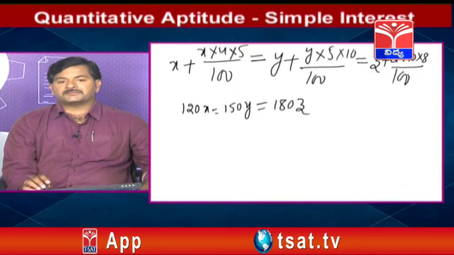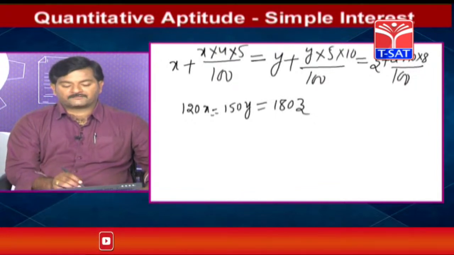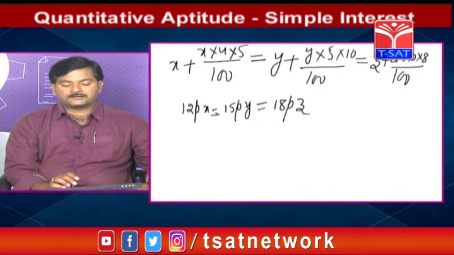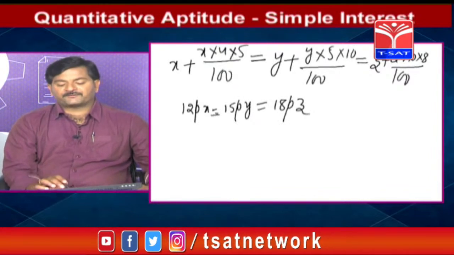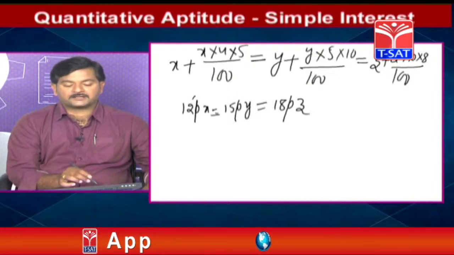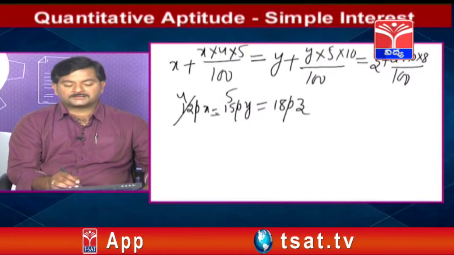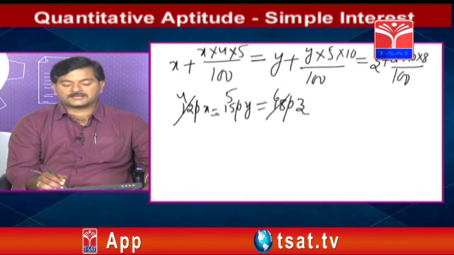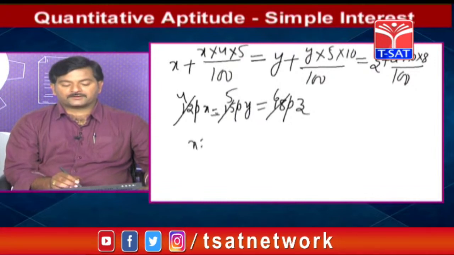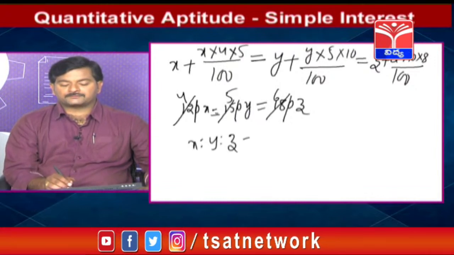So on simplification, in all the cases we can cancel the 0s, and we see 12x, 15y, and 18z. This we can simplify using the table of 3: 3 4s are 12, 3 5s are 15, 3 6s are 18. Indirectly, what I am getting is 4x, 5y, 6z.